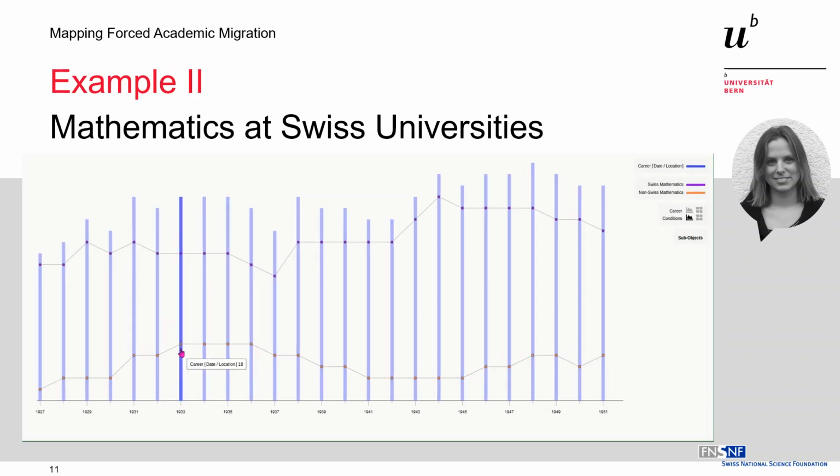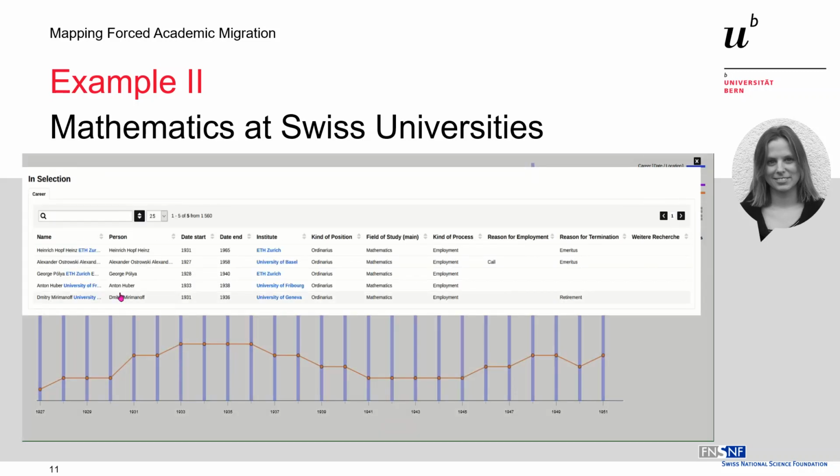Looking at the visualization, the question arises whether the increase of foreign mathematicians in 1933 was due to the appointment of a scientist dismissed in Germany. If we now move away from this overview to the concrete personal data, we see that this is not the case.